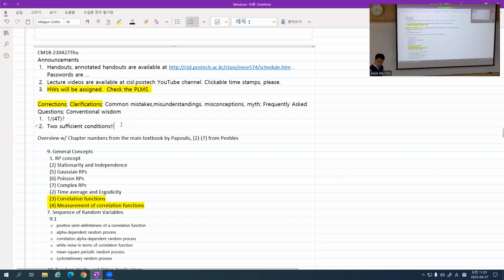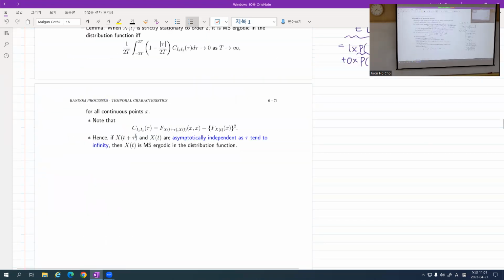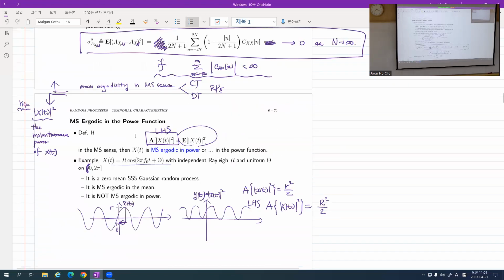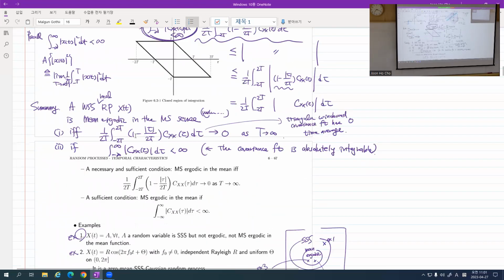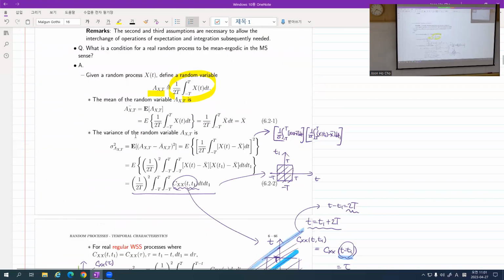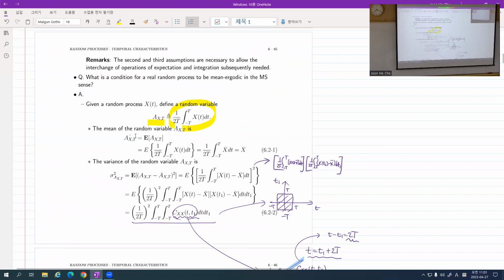There are some corrections or clarifications on what I talked about last time. So let's see the necessary and sufficient condition we derived for the mean ergodic in the mean square sense. This was part of the proof for a random process to be mean ergodic in the mean square sense. Here, we first defined an uncountably infinite number of random variables.